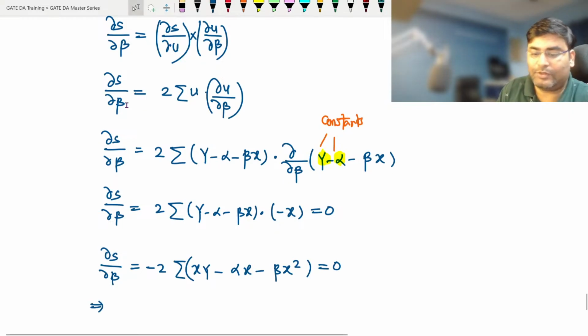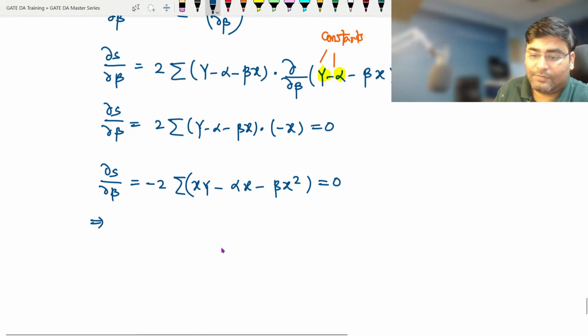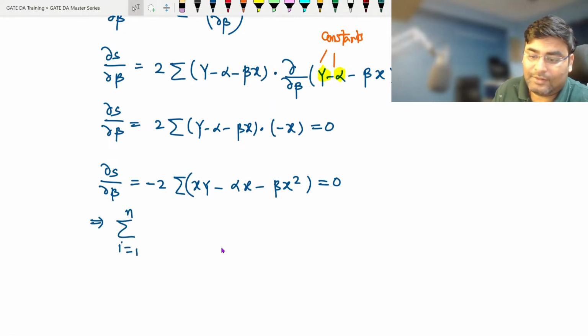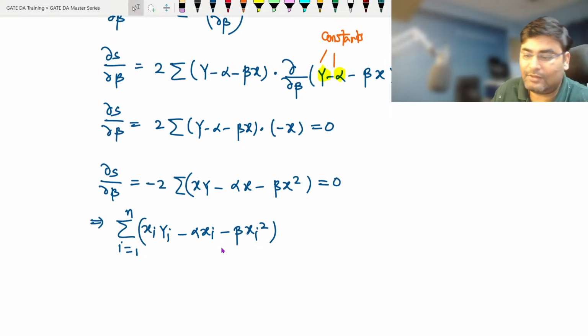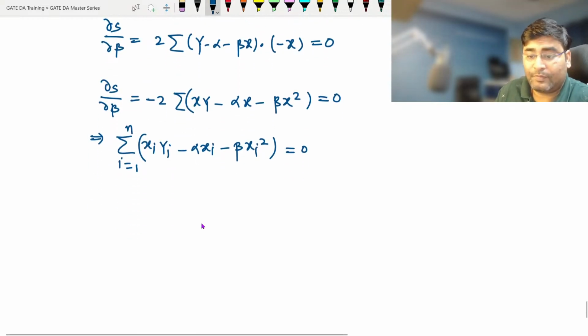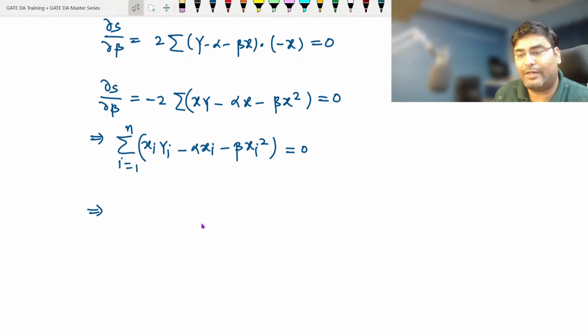So then your equation becomes sigma i equal to 1 to n of x_i y_i minus alpha x_i minus beta x_i square, isn't it? And put it equal to 0. Then obviously you will open it up, because you have to also use alpha to an extent, right guys? You have to open it up.